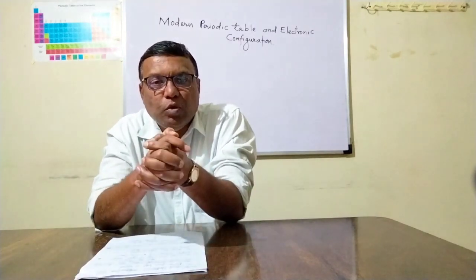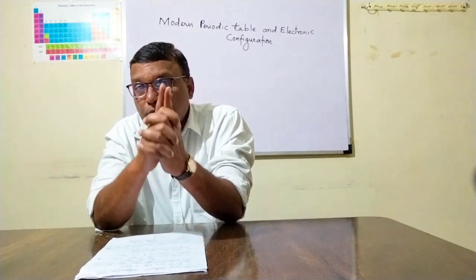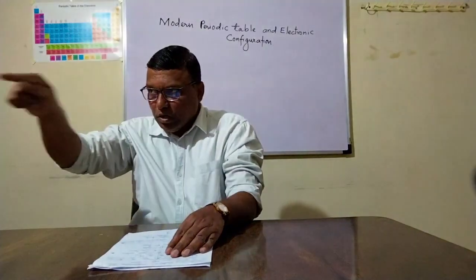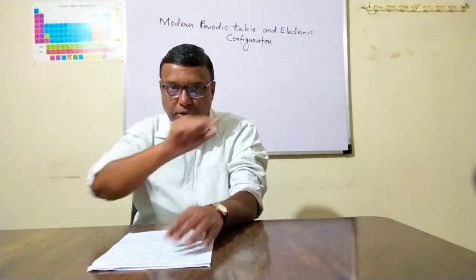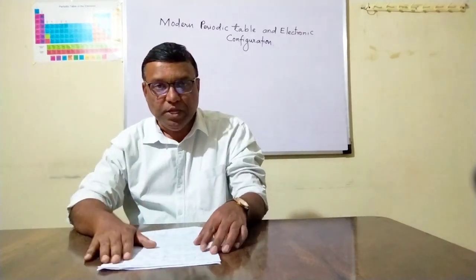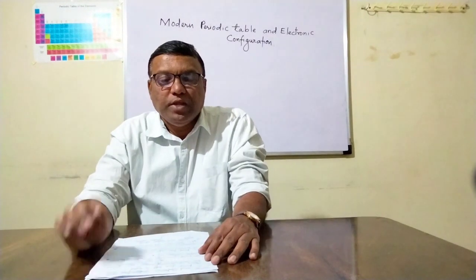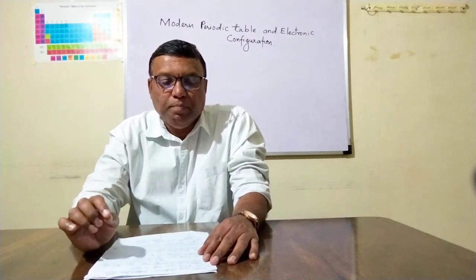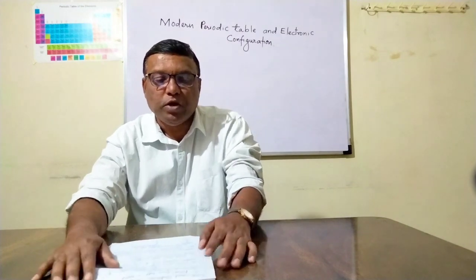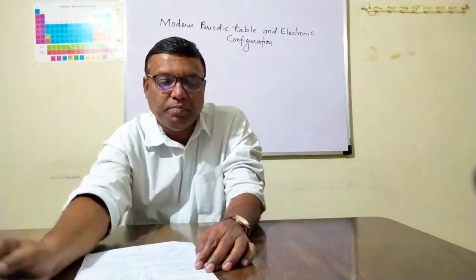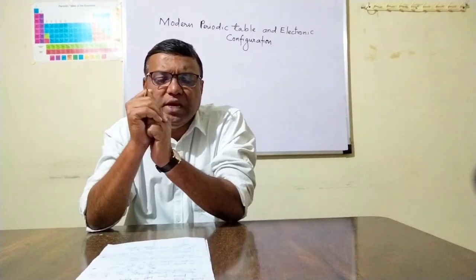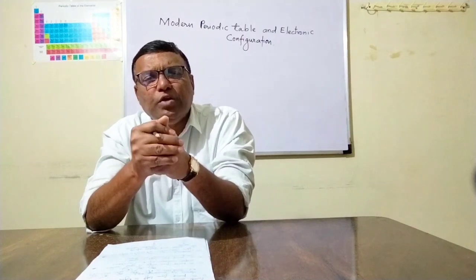So let me remind you what is meant by period. If you remember, the horizontal rows present in the modern periodic table are called periods. Under periods and electronic configuration, which points are we going to study?